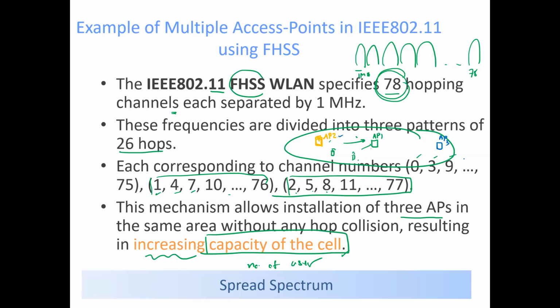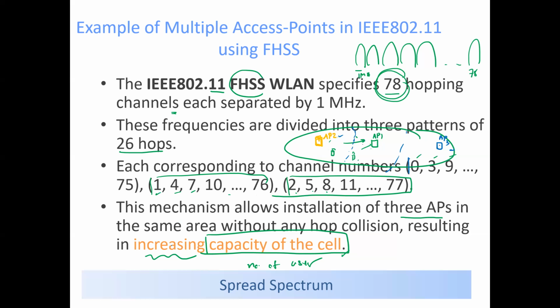If AP2 and AP3 use the same frequency pattern, of course we cannot distinguish the network. We cannot distinguish the set of users who use access point 2, access point 1, or access point 3. So to distinguish them, these 3 access points have to use different frequency hopping sequences.